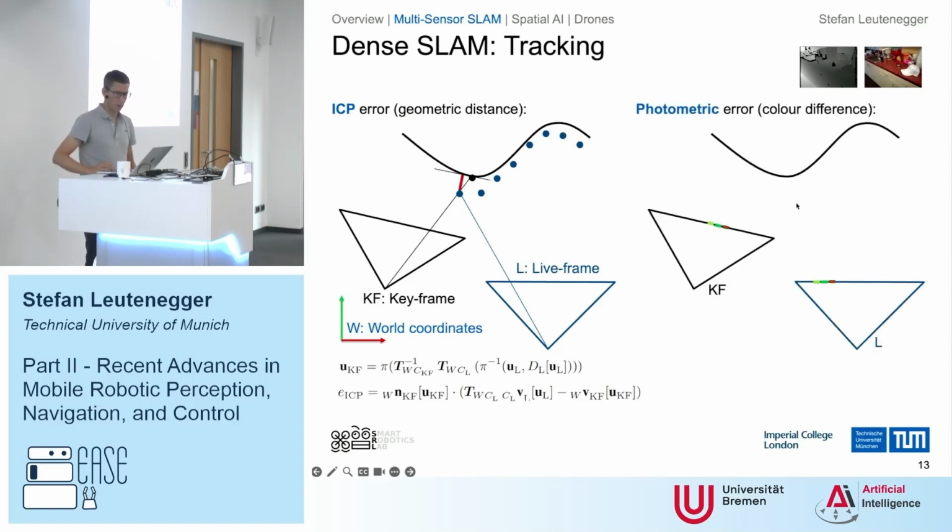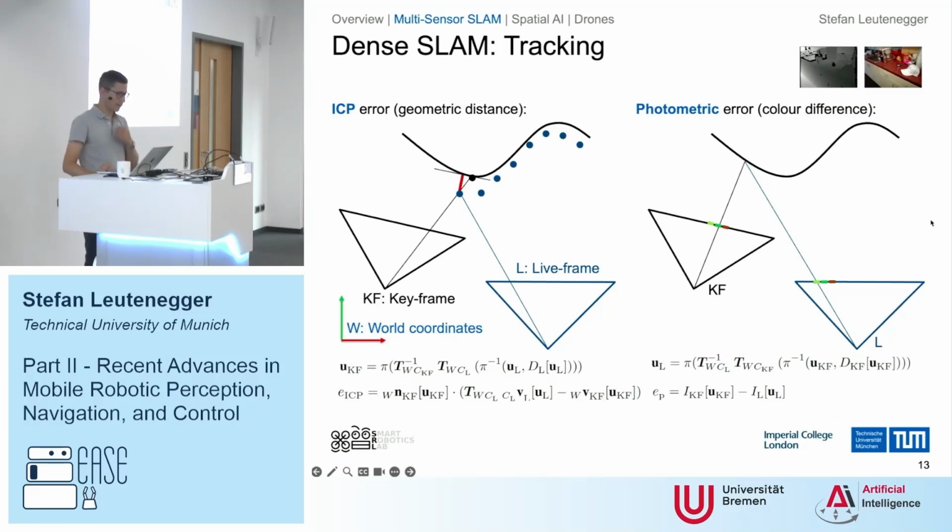Or we can also do photometric alignment, where the idea is that the corresponding pixels in a keyframe from the past and the live frame should have the same color, right? So that's the idea in dense tracking, that you should have consistent depth measurements relative to the dense geometry, and also consistent color, effectively, or brightness.